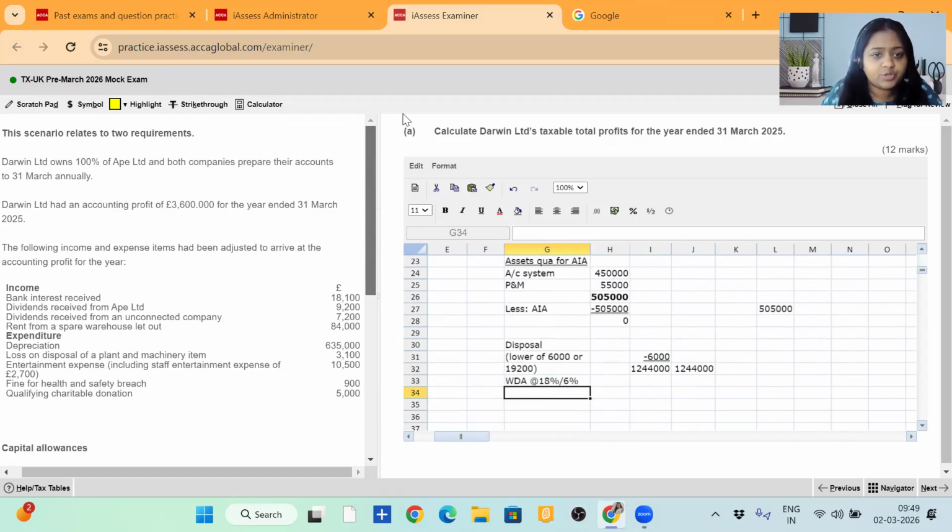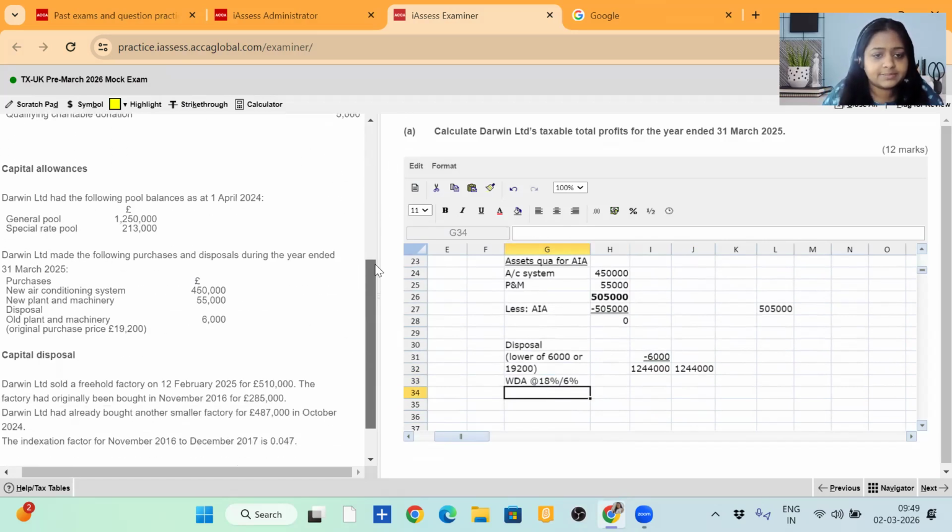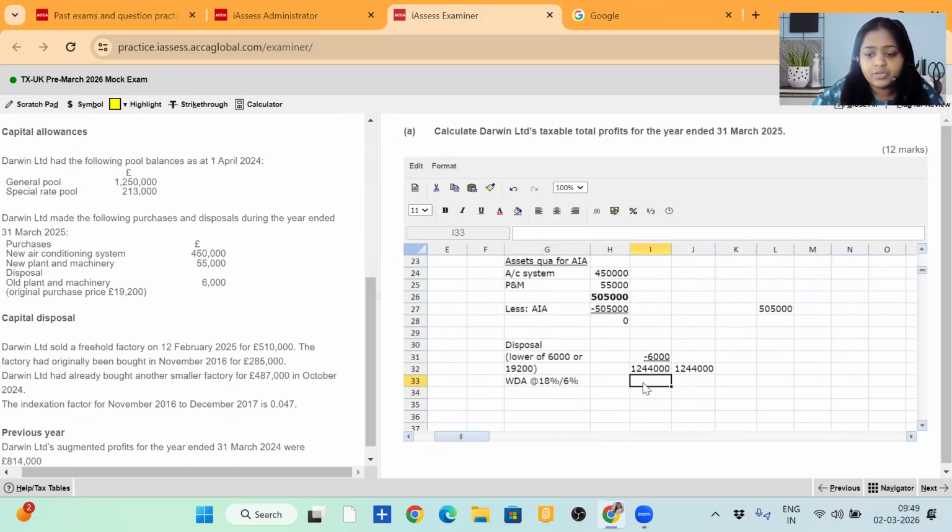The period is full 12 months. Yes. So here I will take this multiplied by 18% and I will do this multiplied by 6%. Okay. Now I will take the sum here. So I get here 298 and 560.